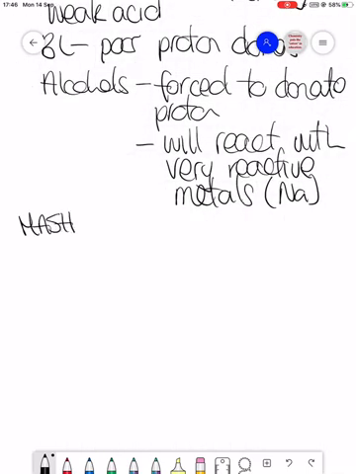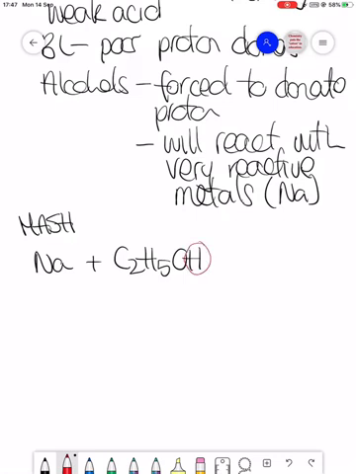In this case, the metal is going to be sodium. The acid is going to be ethanol, C2H5OH, and this is the acidic hydrogen. Now, these other hydrogens exist, but it is the H on the hydroxyl group which is the acidic hydrogen.